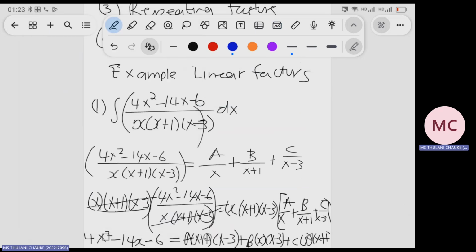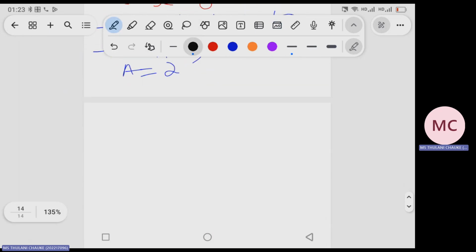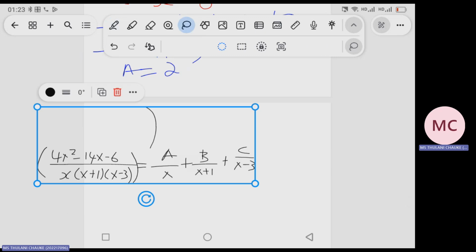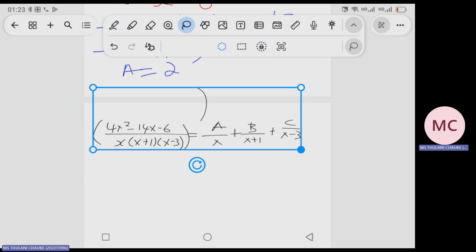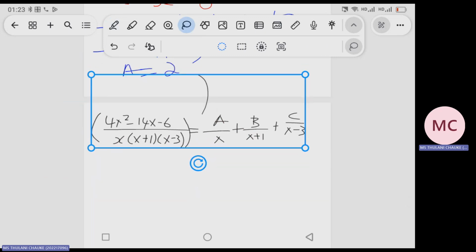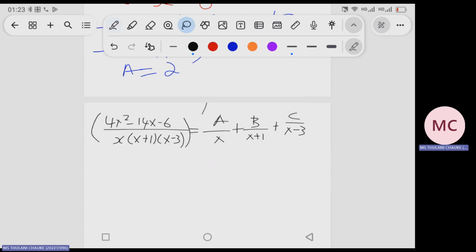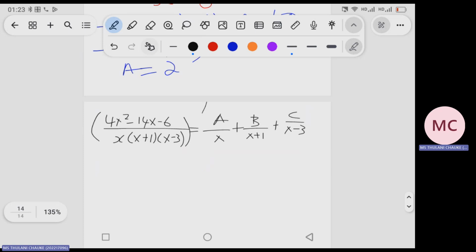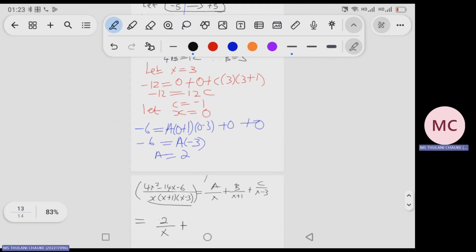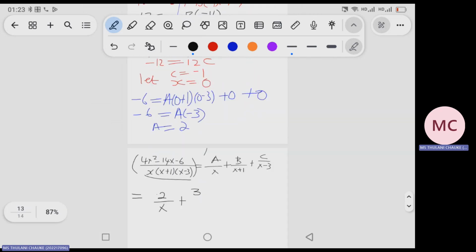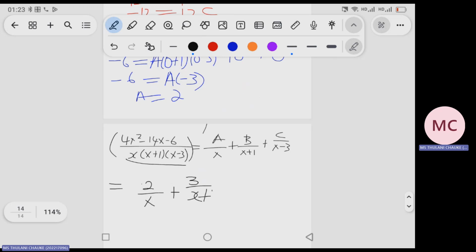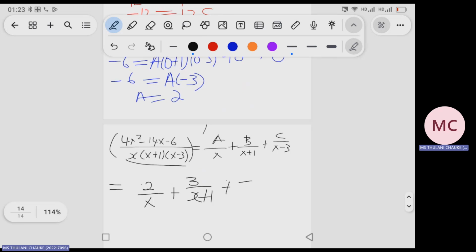So this will be equivalent to the value of a is 2 over x, b we got 3. So now we're having 3 over x plus 1 plus c is negative 1 over x minus 3.